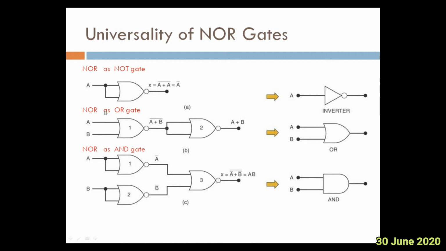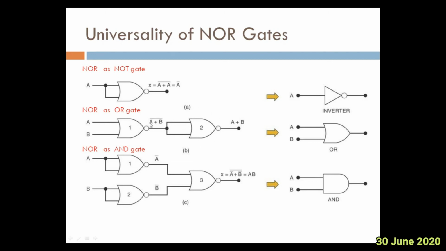Similarly, NOR as an OR. If the inputs are A and B, the output will be A plus B whole bar. I am giving it two times here, that is A plus B whole bar, plus A plus B whole bar. Two times I can write, or I can write only once, because I have to make NOT here. Already I have proved this gate works like a NOT.